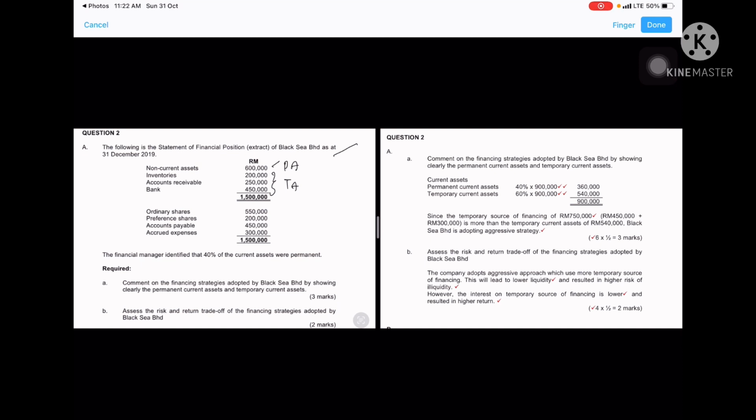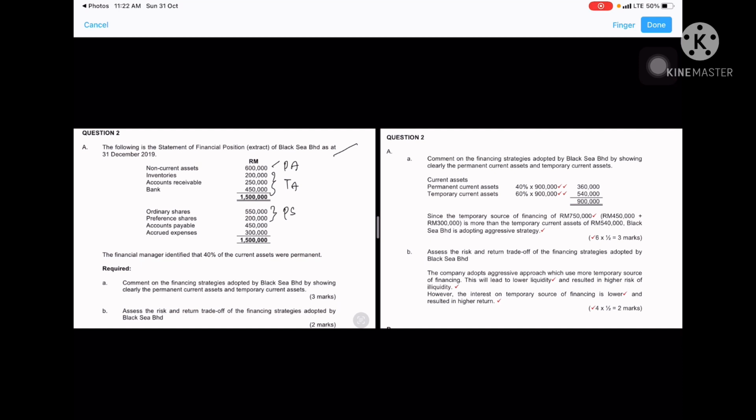Okay, so under equity and liability is given ordinary shares 550,000, preference shares 200,000. This one we consider as permanent sources. And also given the account payable and accrued expenses.